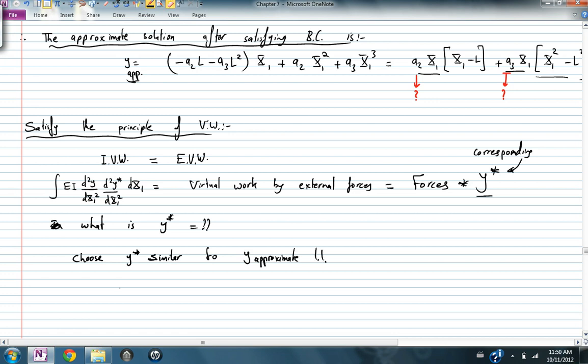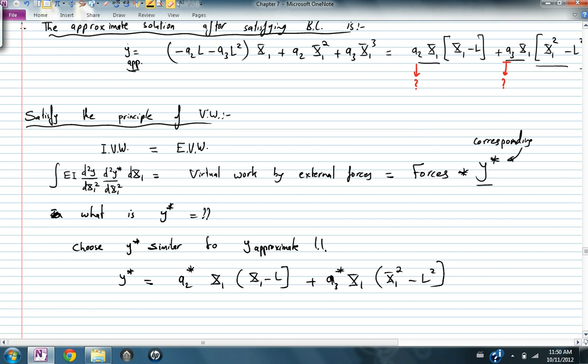So I'm going to choose y star to be equal to A2 star (x1 minus L) plus A3 star (x1 squared minus L squared). So what did I do? I just chose a y star.